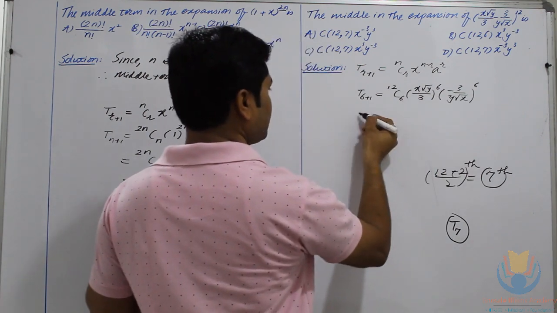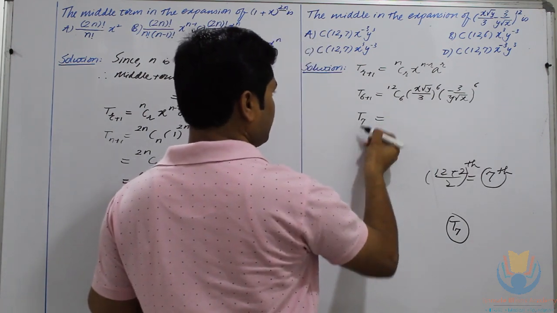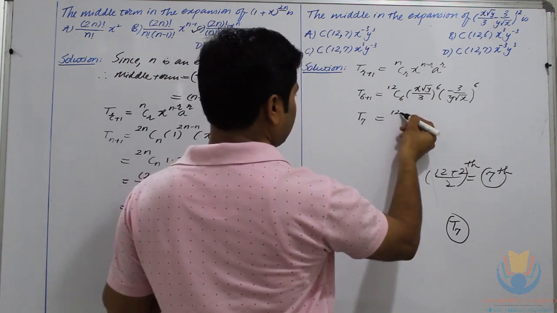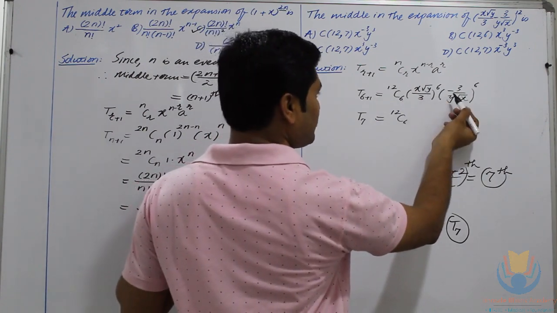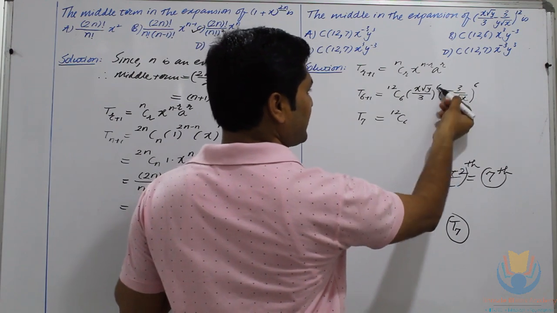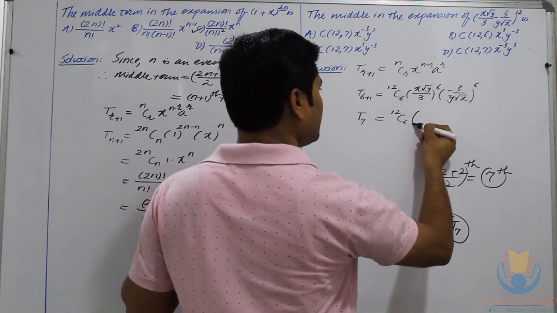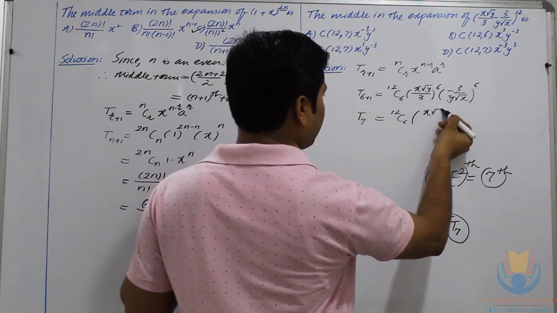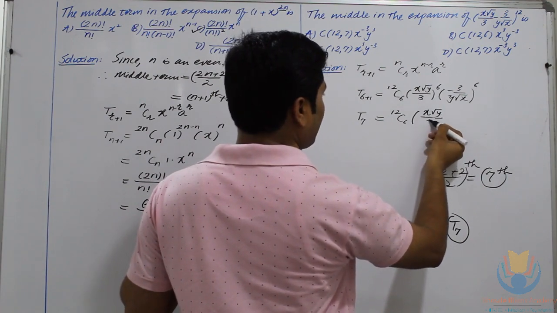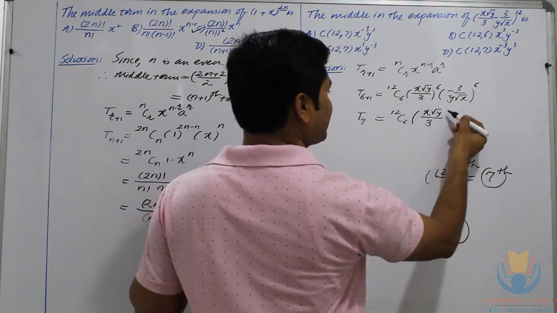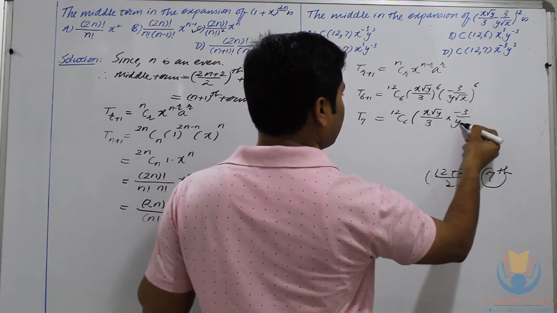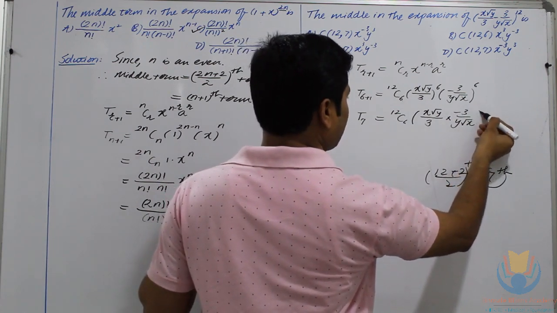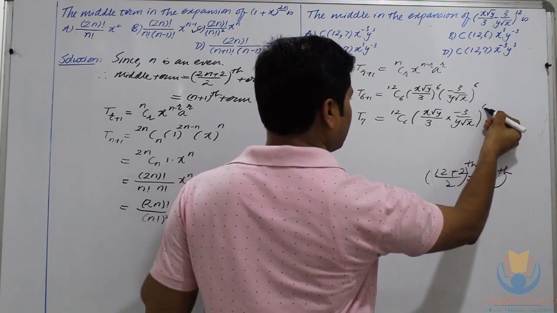So let's simplify it. So this is going to be the 7th term. 12C6. As you can see here, the indices of those two particular terms are the same. So we can write those two expressions in multiplication, and we will write their common index 6 like this. So this is minus 3 upon y root of x, that whole raised to 6.